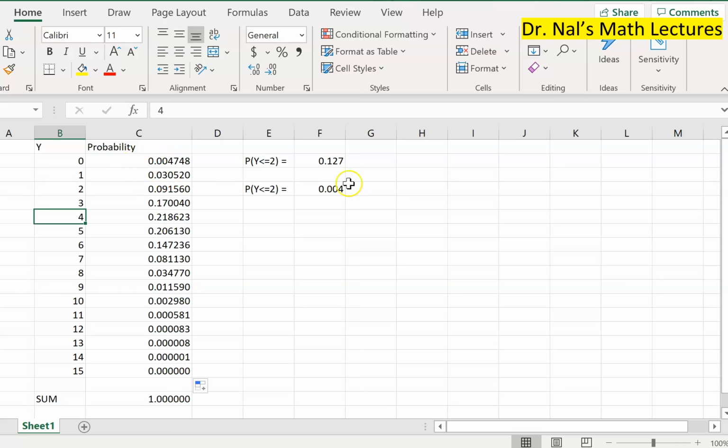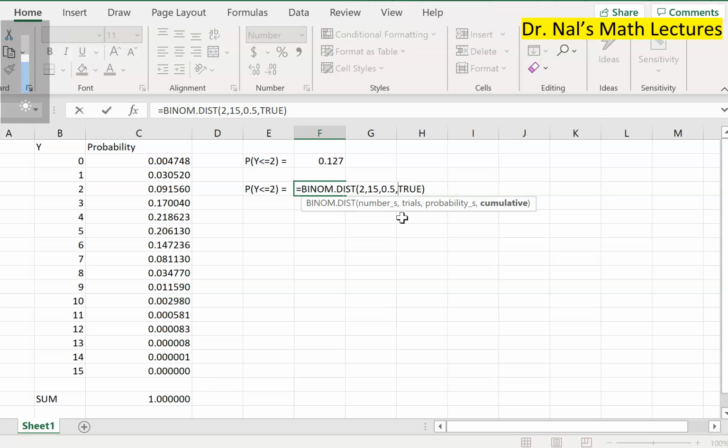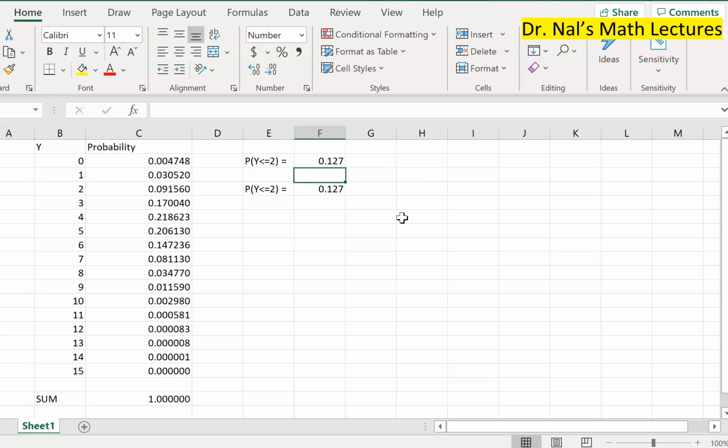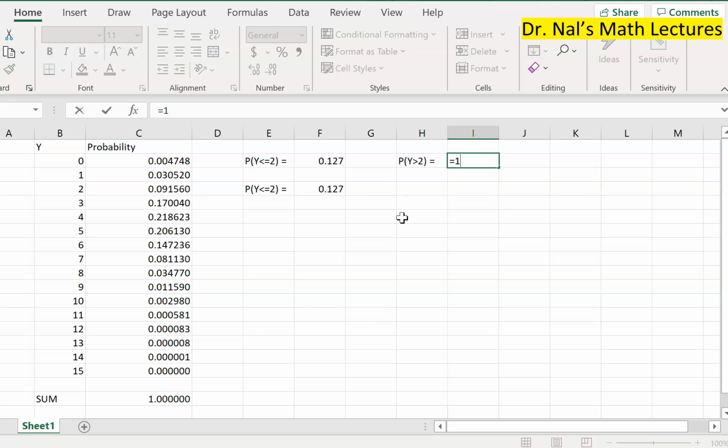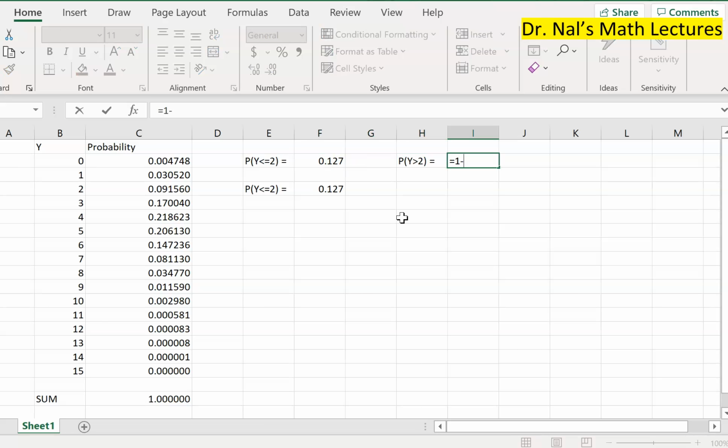So what we are doing here, these numbers, this has changed now. This is only 0.3. So this is the region where y is less than or equal to 2. Of course, we want y strictly greater than 2. So the probability that y is greater than 2 is equal to 1 minus whatever that number is.